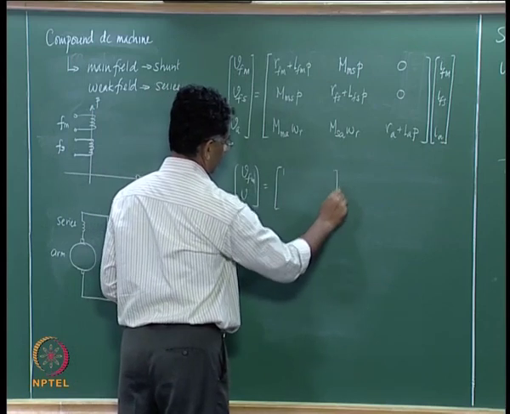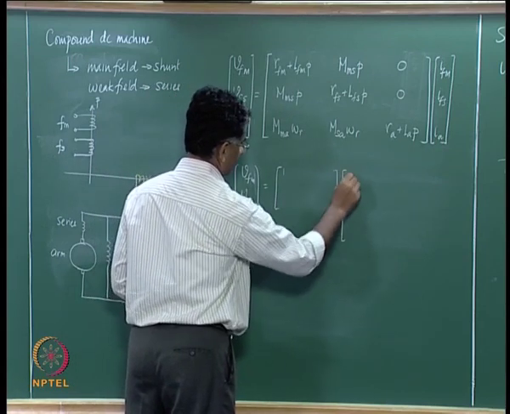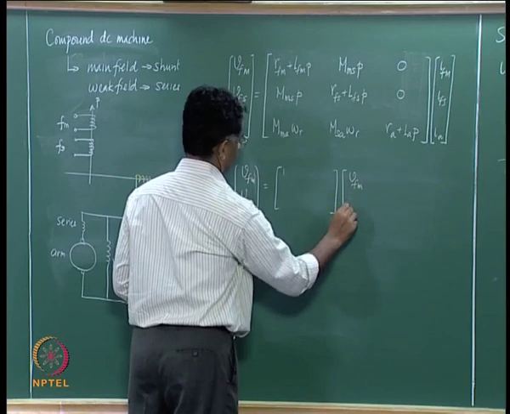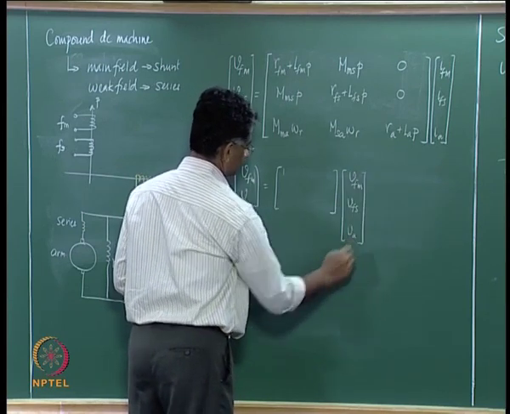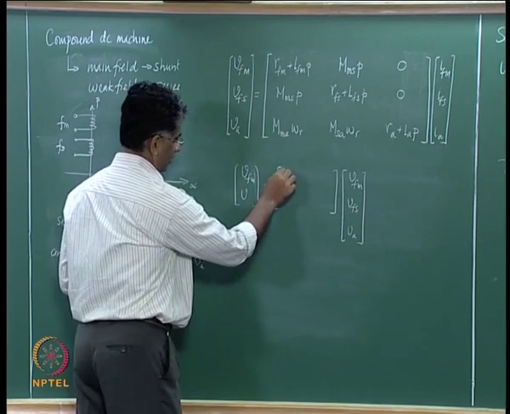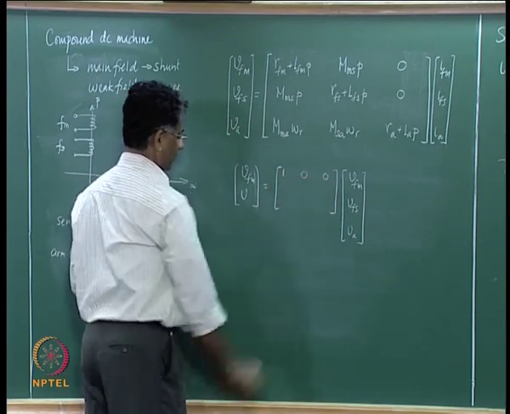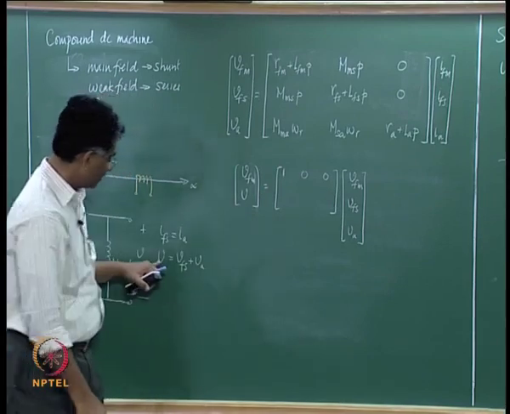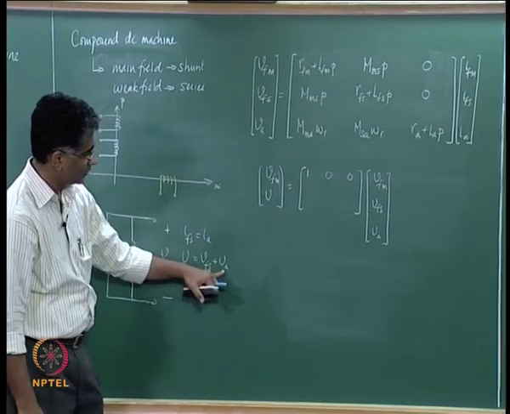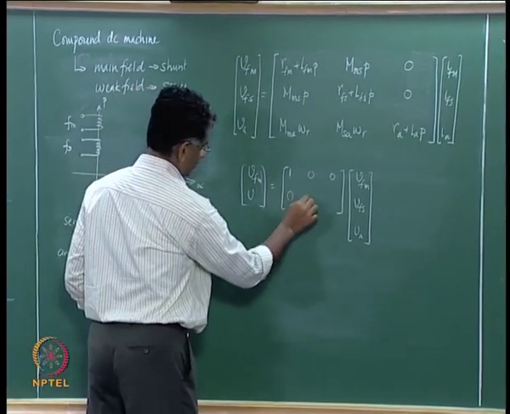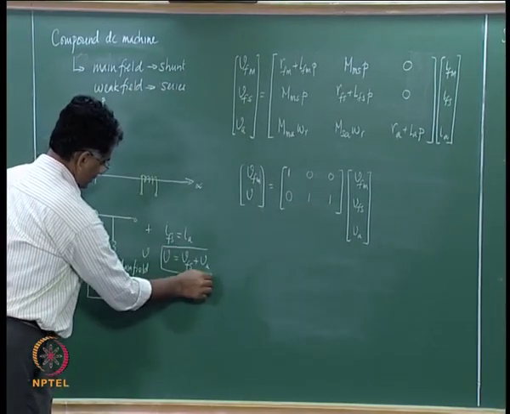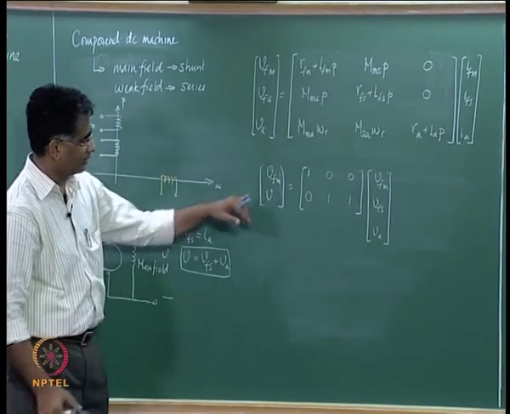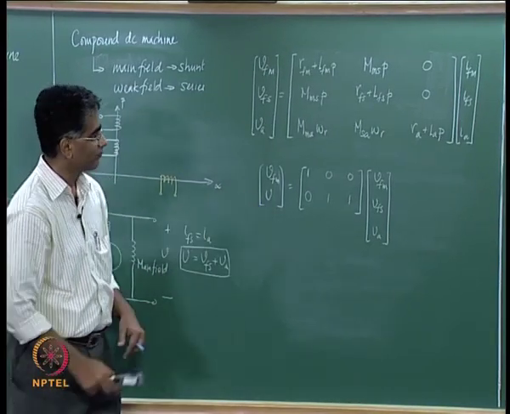I am going to write this in terms of this matrix, this vector VFM, VFS and VA. So VFM is the same as this VFM, and this voltage V is nothing but VFS plus VA. So it is 0 1 1. So this equation has now been written in this form.